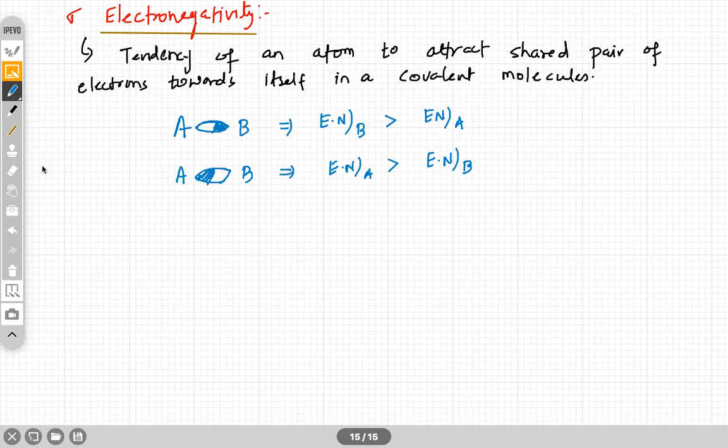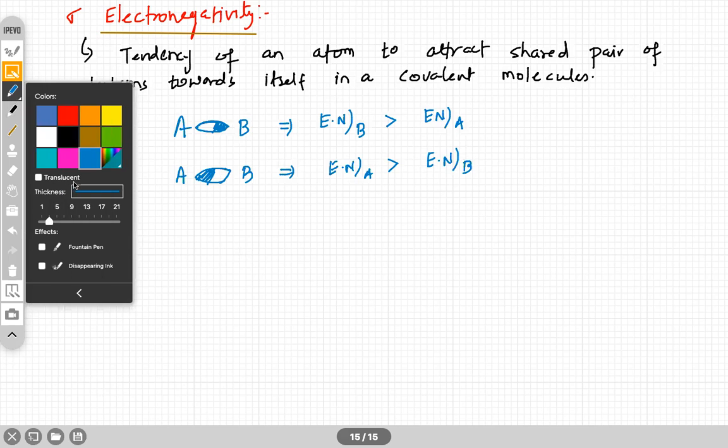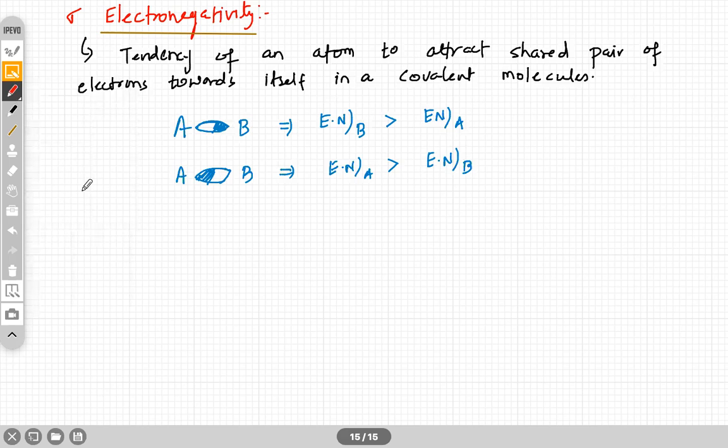Now, the factors which affect electronegativity, you write down. First one, as Z effective increases, electronegativity EN increases. More tendency to attract an electron. Okay.